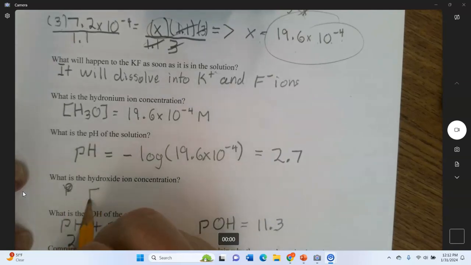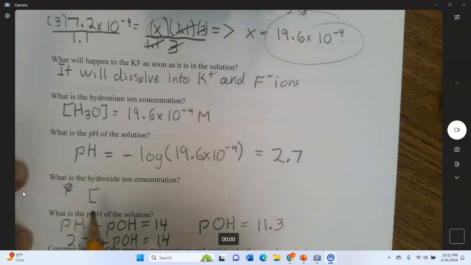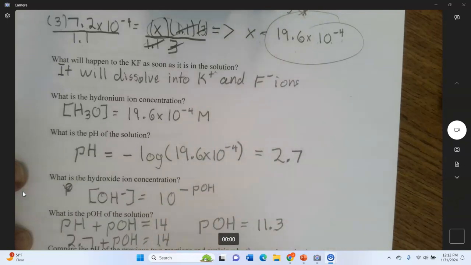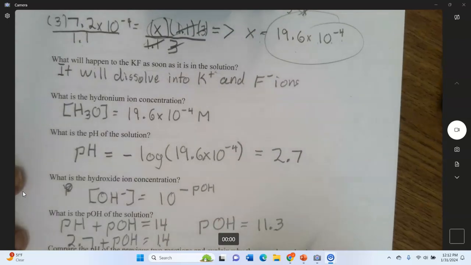Okay. And finally, what's the hydroxide ion concentration? So hydroxide ion, I find this to be an easier calculation than going the other way. OH minus equals 10 to the negative pOH. Again, the acid-base roadmap gives you all these formulas. You'll eventually have them memorized just by doing enough of these problems.